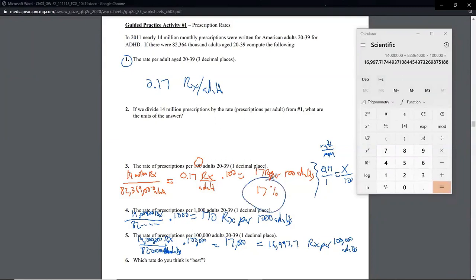So a lot of people like to think of things as percentages. So 17% of adults in this age range are expected to have an ADHD medication. Number 4, people that deal with statistics in media generally would like that one because a lot of the times they'll scale to 1,000 adults, and that's because of this.